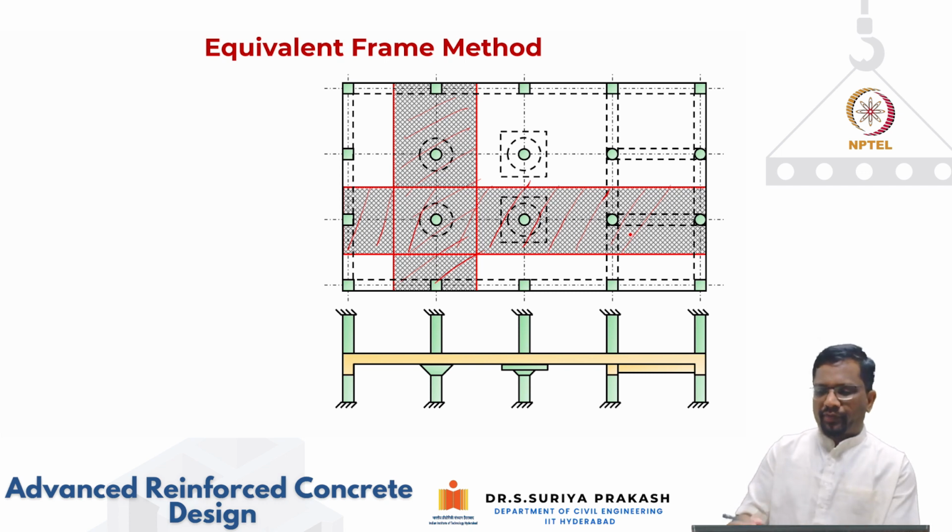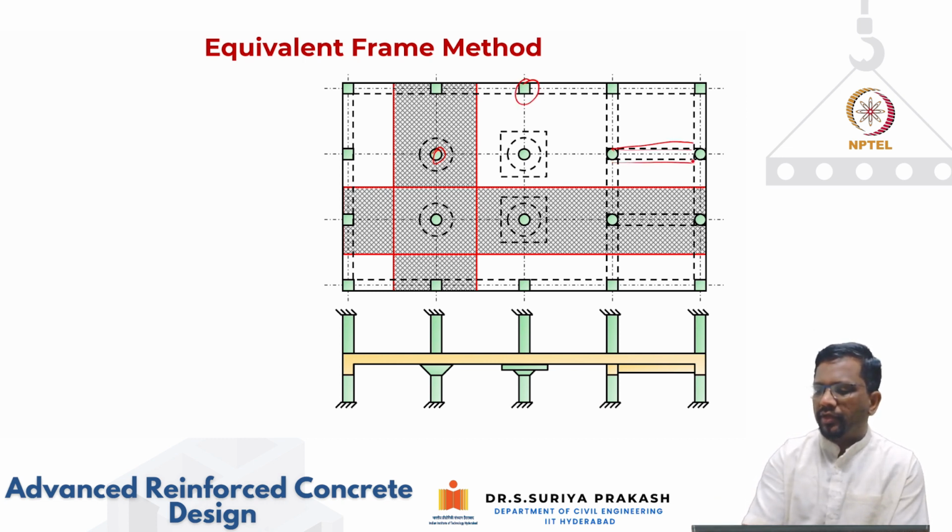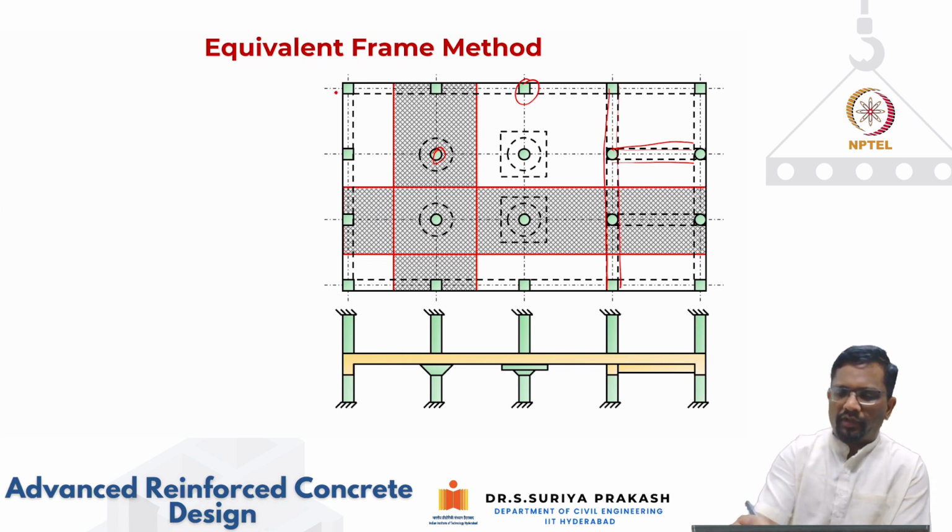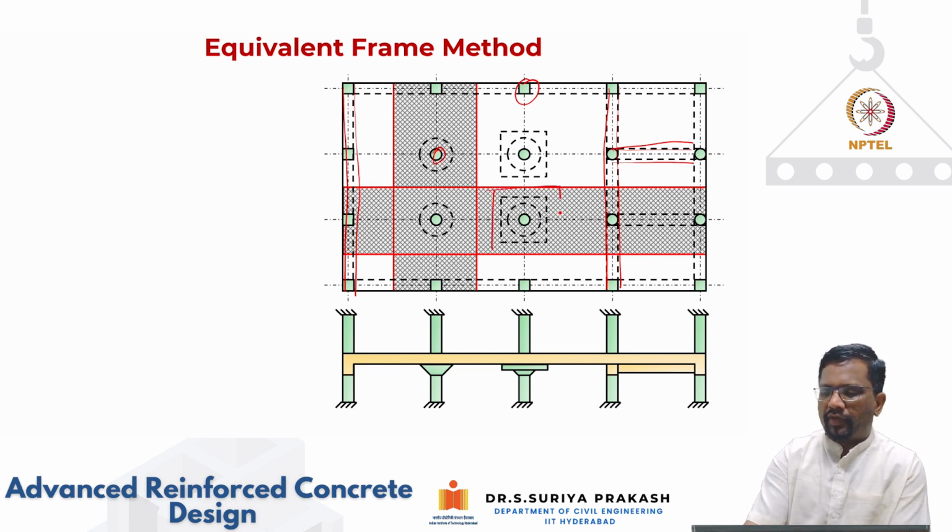But if you look at the plan view, you have a circular column here, and a square column here, and a beam only on this span. On the leftmost, you have transverse beams and also an edge beam. And in this location, you have a column capital, drop panel, and a column.